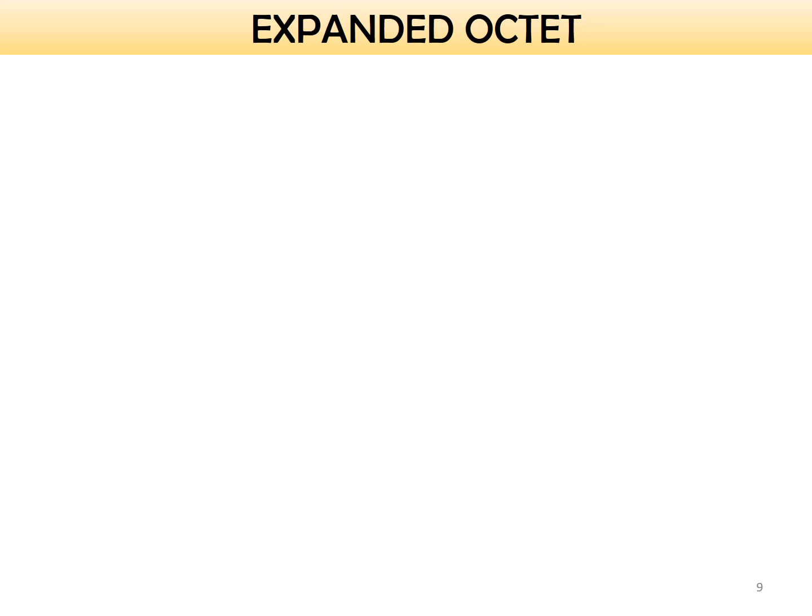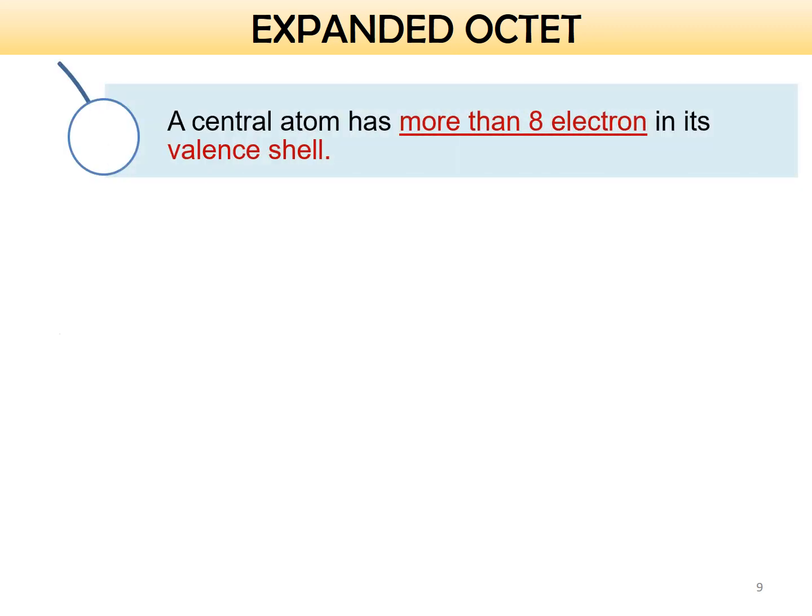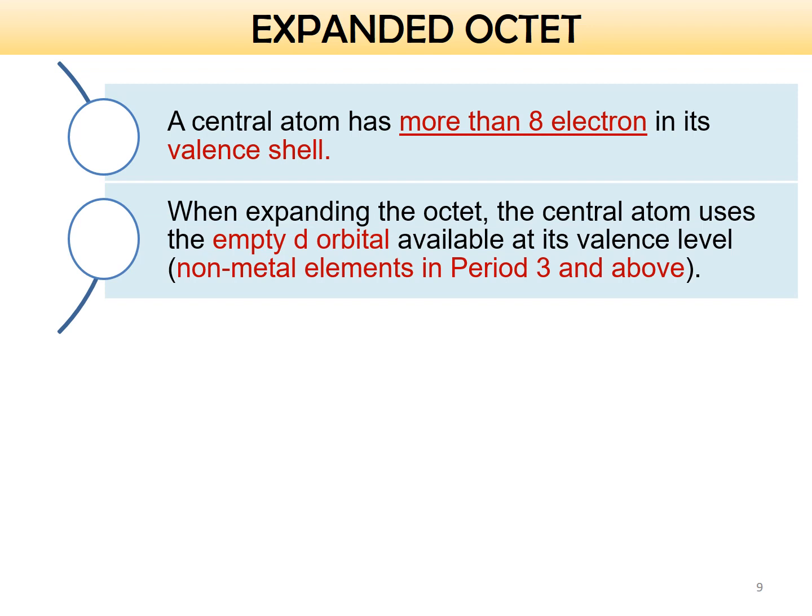Expanded octet occurs when a central atom has more than 8 electrons in its valence shell. When expanding the octet, the central atom uses the empty d orbitals available at its valence level. Expanded octet is possible only from period 3 elements onwards, due to the presence of empty d orbitals that can accommodate the extra electrons.